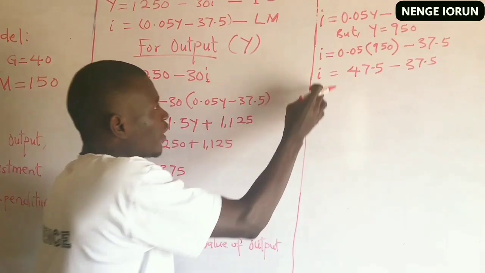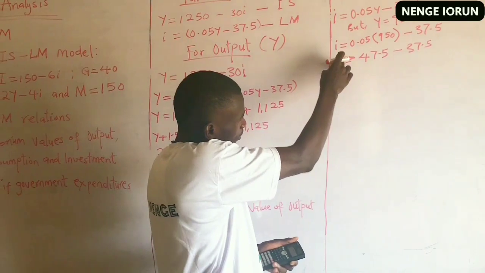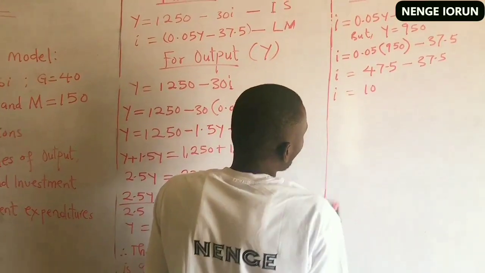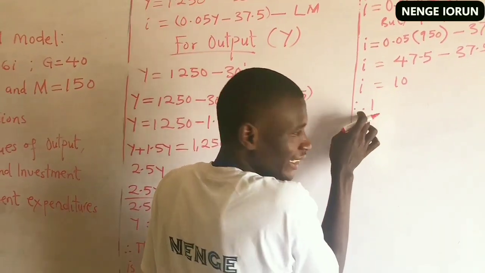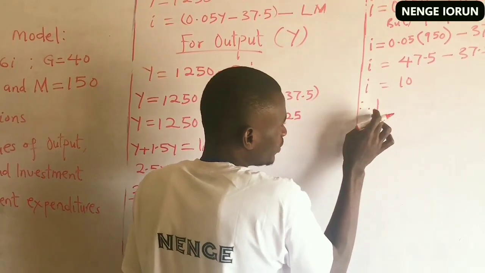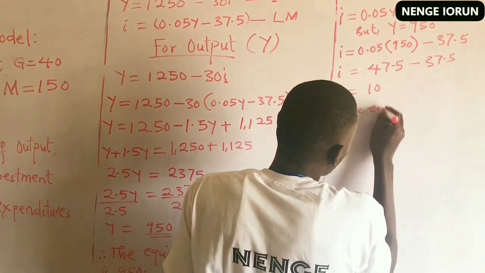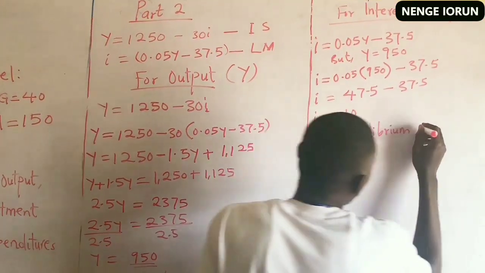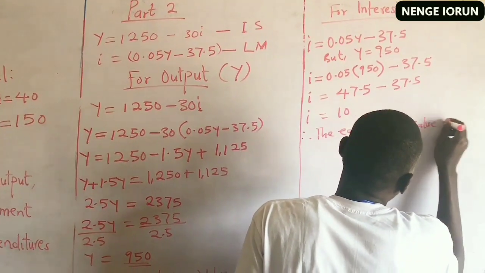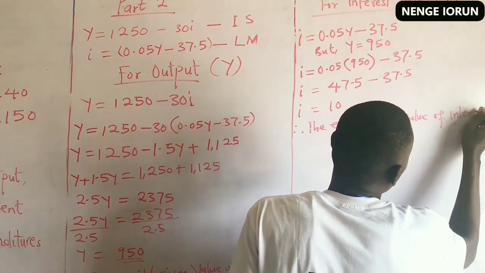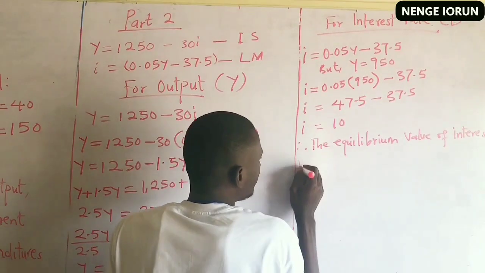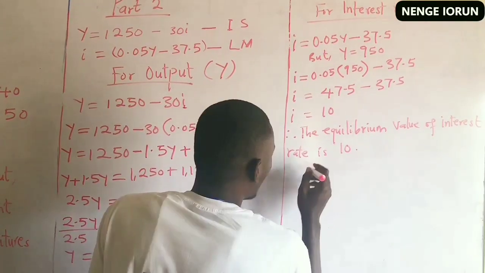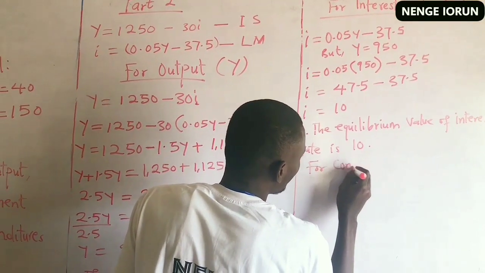To get the equilibrium value of the interest rate, you subtract. You have i is equal to 10. Therefore, always end it in written form, there is a mark attached to this step: the equilibrium value of interest rate is 10.